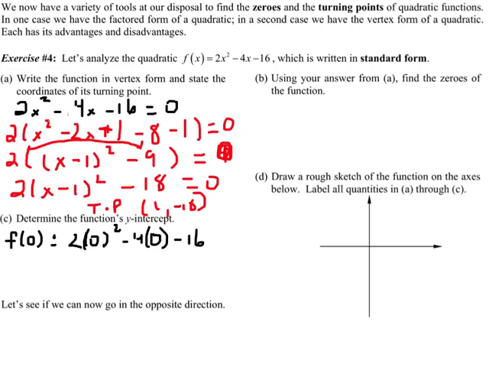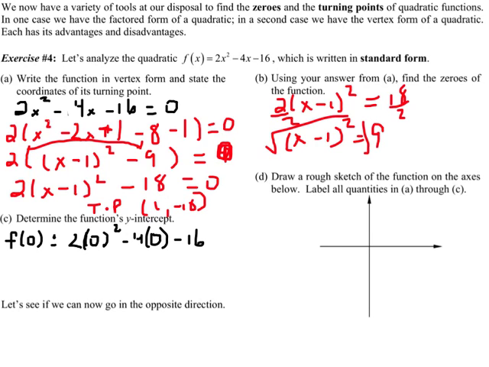Now we're supposed to find all the zeros. So I'm going to complete this problem here. We have 2 times x minus 1 squared. Bring the 18 to the other side, equals 18. Divide both sides by 2. So x minus 1 squared is equal to 9.